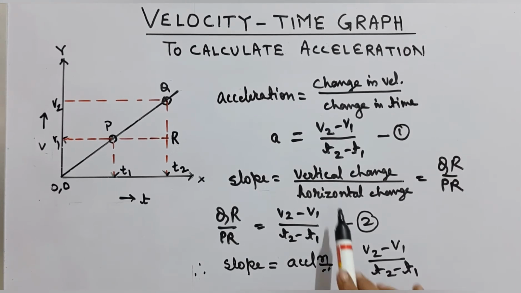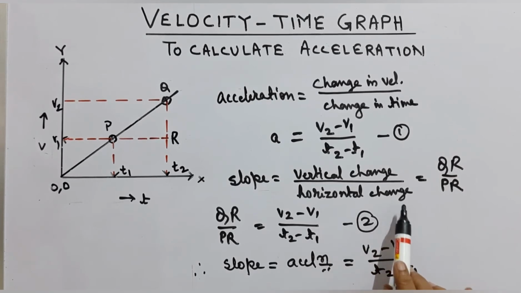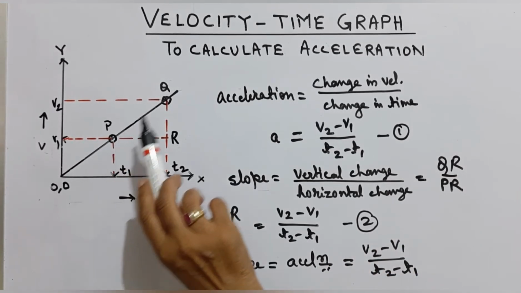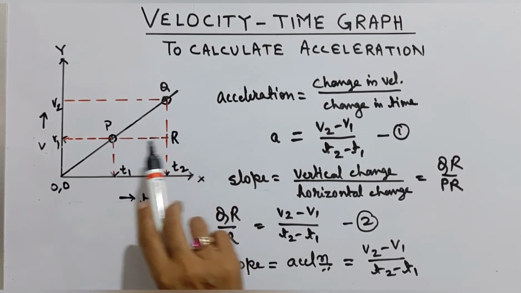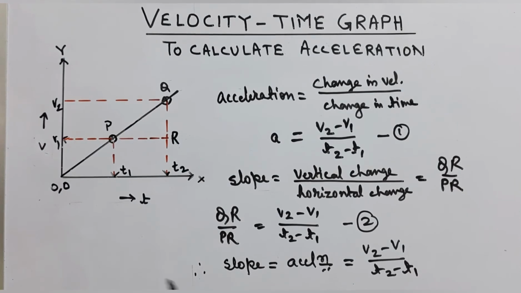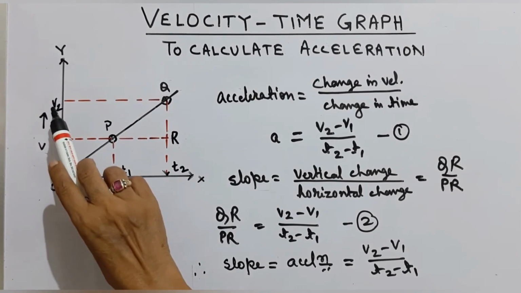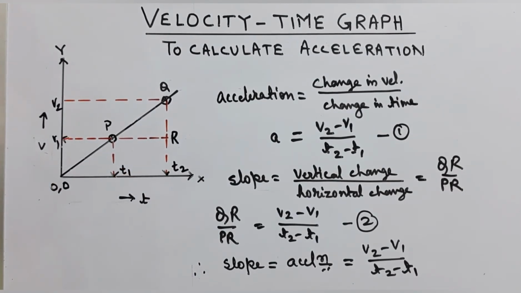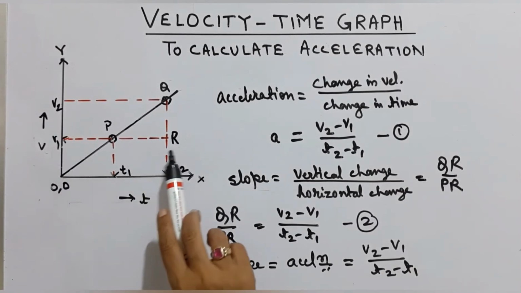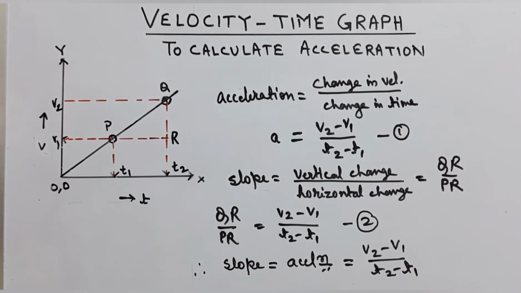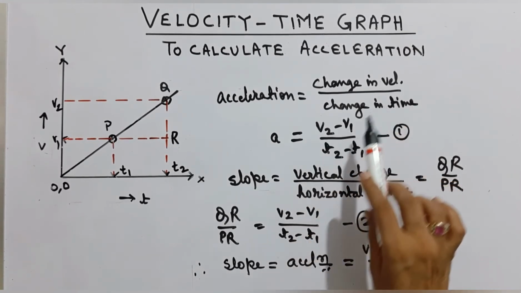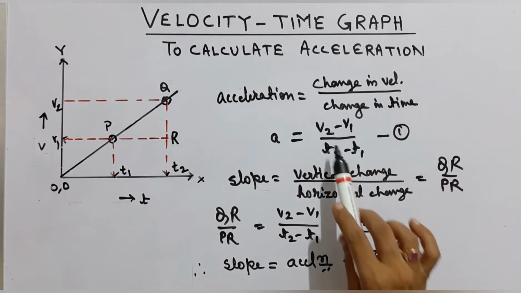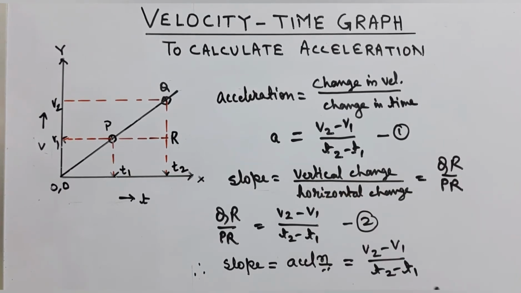Slope is nothing but the vertical change upon horizontal change between any two given points. Here we have taken 2 points P and Q, and the slope is QR upon PR. And also from the graph we see that this is equal to v2 minus v1 upon t2 minus t1, and from definition, acceleration is nothing but change in velocity upon change in time, that is v2 minus v1 upon t2 minus t1.